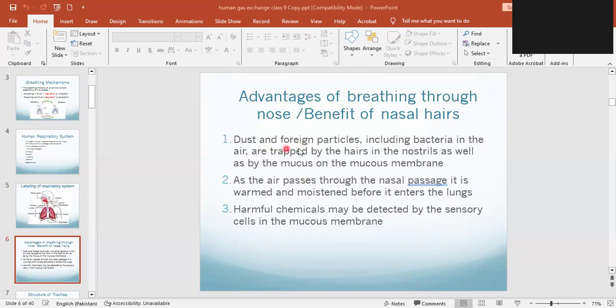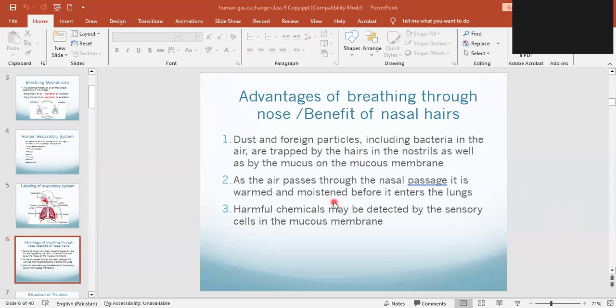The dust or foreign particles are trapped by these hairs, submerged into the mucus. That mucus is a sticky substance which traps dust and foreign particles, and the nasal hair sweeps and removes it out. Usually you sneeze it out.